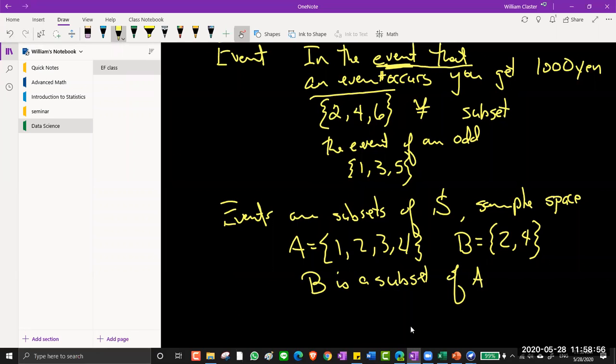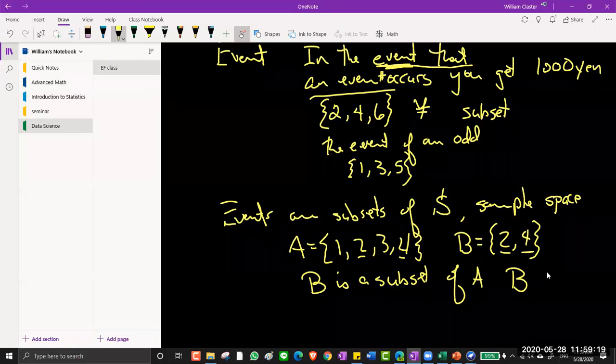Everyone know that? Yes, Professor. The definition of subset means if B is a subset of A, every element in B is also a member of A. And then we just check. Here's an element of B. Is it also in A? Yes. Here's an element of B. Is it also in A? Yes. So B is a subset of A, and we denote that like this.